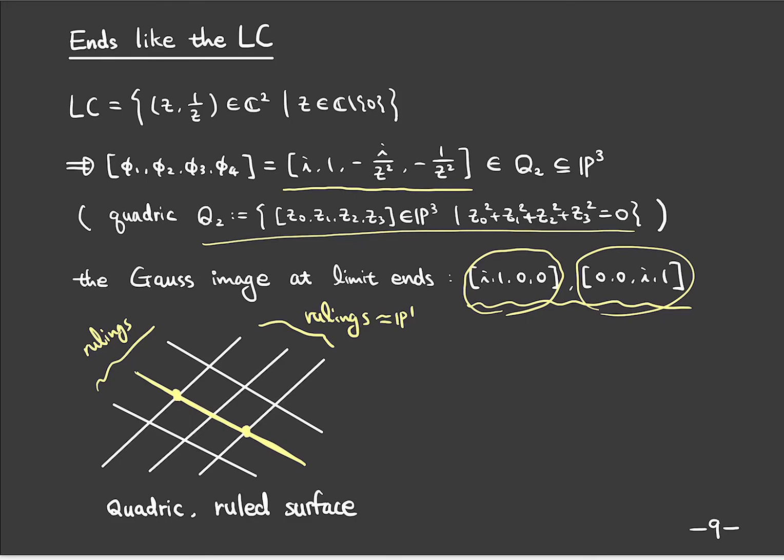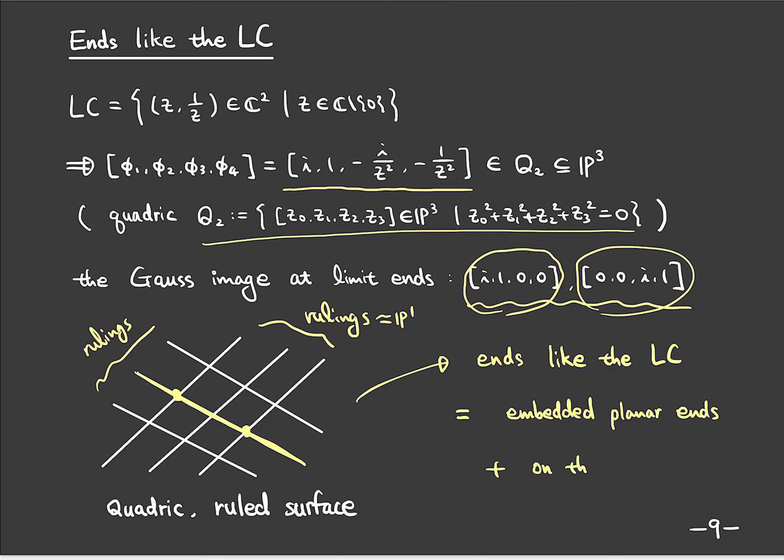So we say a surface has ends like the Lagrangian Catenoid if it has embedded planar ends and additionally all the Gauss images of limit ends are on the same ruling.